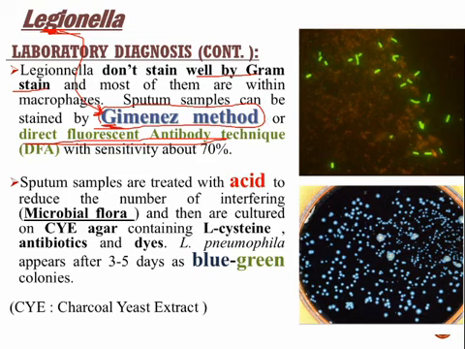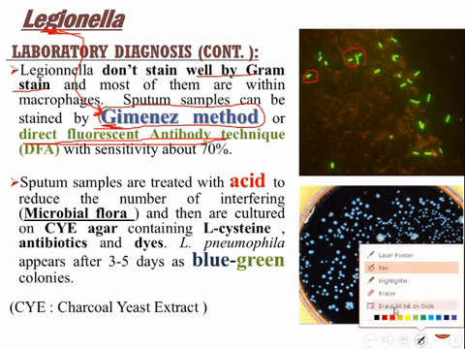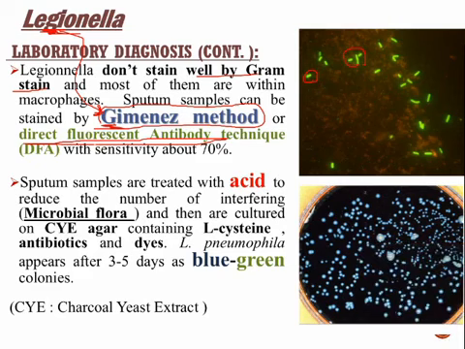This antibody is specific for a certain antigen on the surface of Legionella bacteria, so if we add the antibody to the specimen and observe using a fluorescence microscope, and we find this green fluorescence, then we know that there is an infection with Legionella.